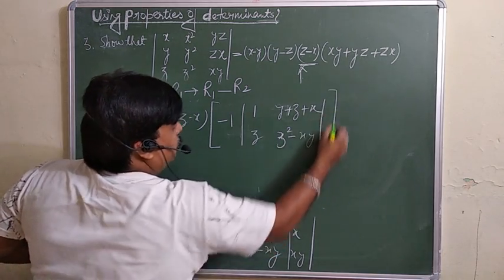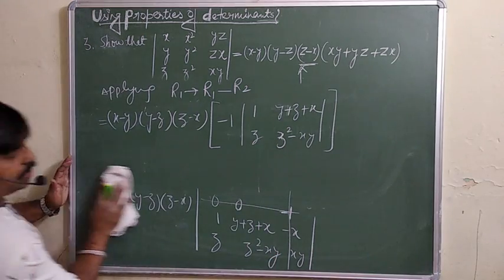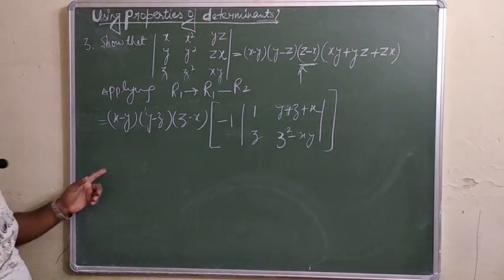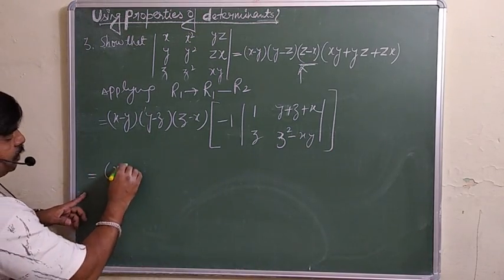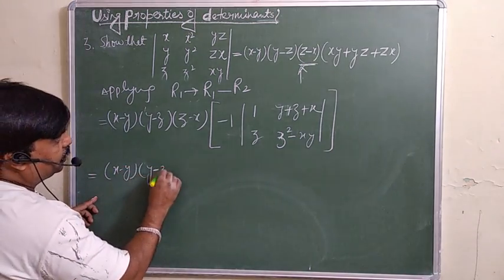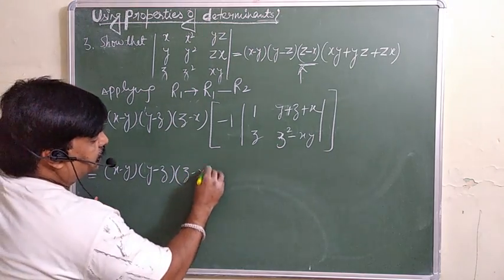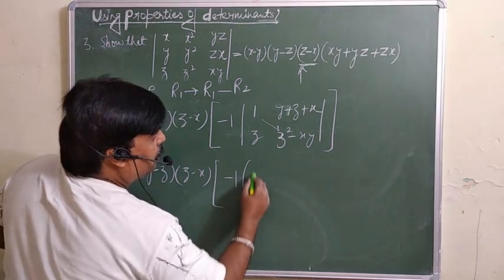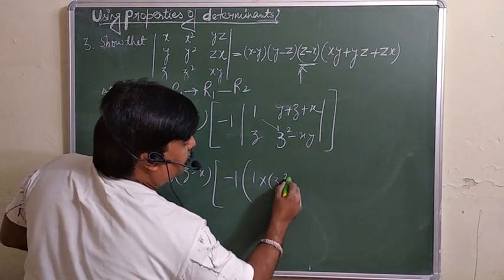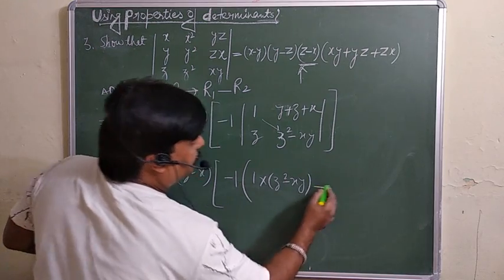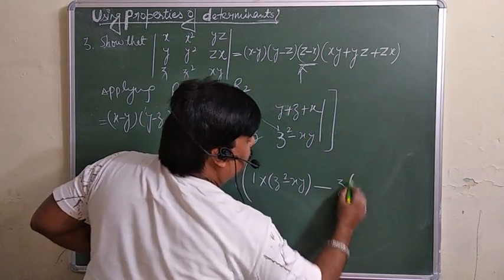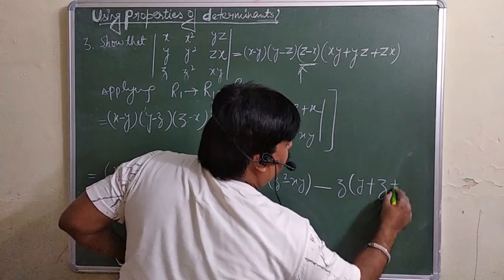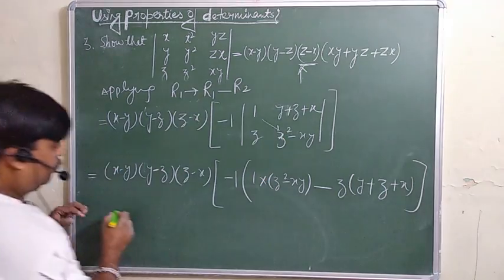You can solve this one only. So look here, what you will get? x minus y as it is, y minus z as it is, z minus x. Here you can solve minus 1. You will multiply this one: 1 into z square minus xy, minus z into y plus z plus x. Here you can solve.